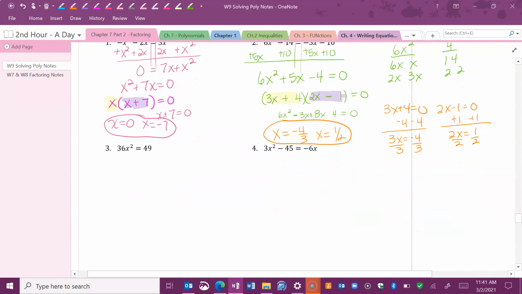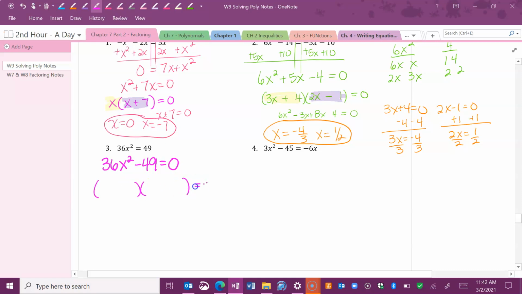On number 3, I'm going to go ahead and set it equal to 0 to start. That would be 3x squared minus 49 equals 0. There is no GCF. There's not an x in both of them. I can't take out a 2, a 6, a 7 from both of them. So I'm going to have 2 binomials.